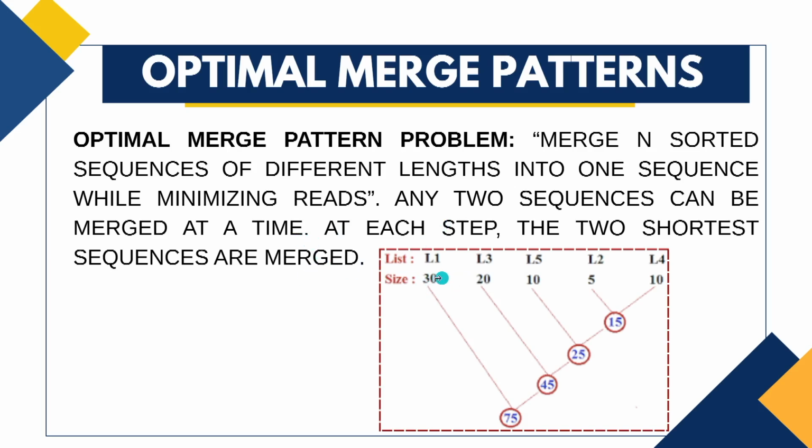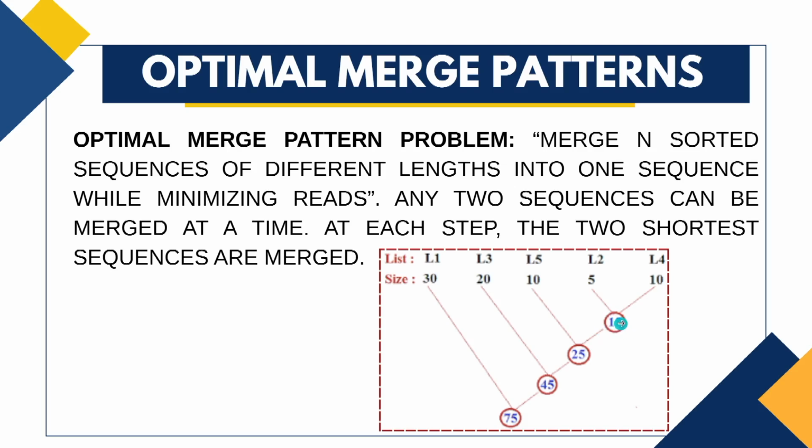Imagine that in this example we have 5 lists, each with varying sizes. We have sorted them according to their length or size, and as such L2 and L4 were the lists with fewer elements, so they have been merged first into one sequence.